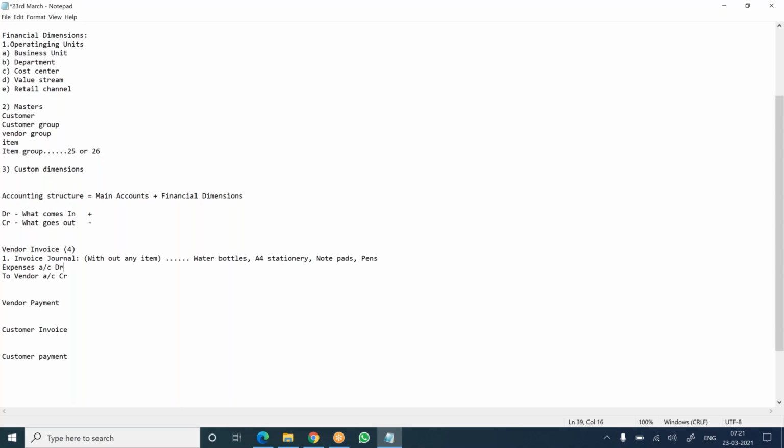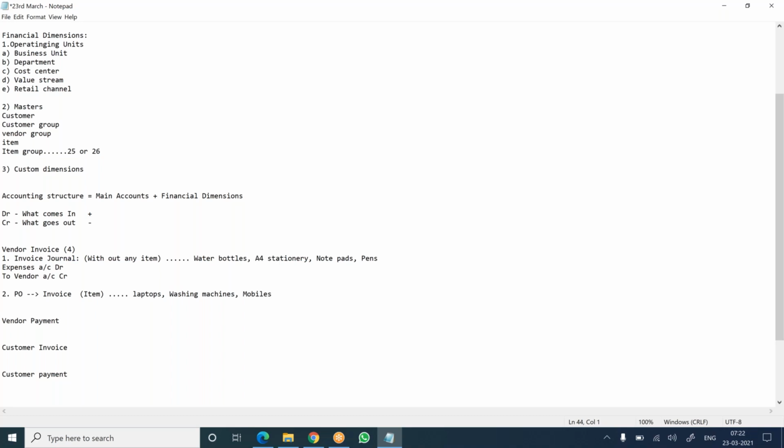Suppose it is the second process, purchase order to invoice. In this we are using items. So here I am purchasing laptops or washing machines or mobiles, something.